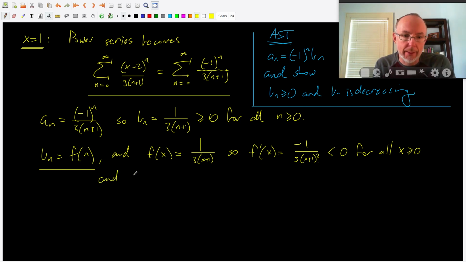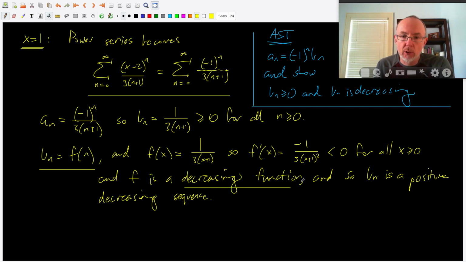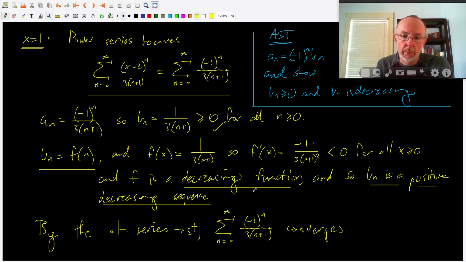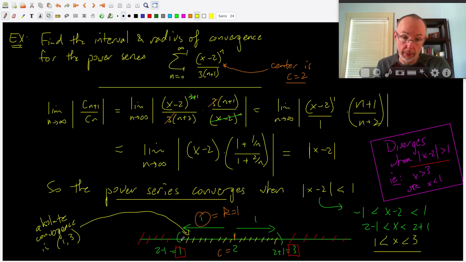And that means that f is a decreasing function, and if the function's decreasing and that's where we're getting the values from, then b sub n must be a positive, decreasing sequence, because we showed that up here, and that means by the alternating series test, this series converges, and that means that the power series converges at x equals 1. So that's one of our endpoints, x equals 1.